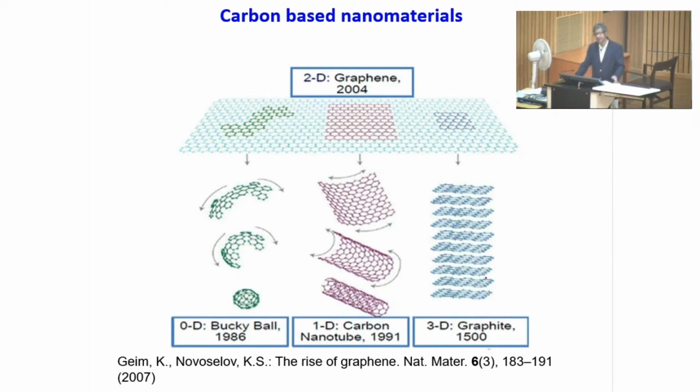So these different nanostructures can be easily produced from one single thing, graphite. When you stack them together, you produce graphite. That is the connecting link for all these beasts. I call them beasts because they are very powerful materials that can be widely used in different kinds of applications.